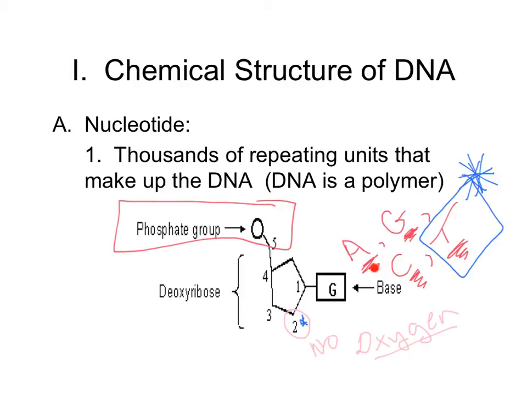These are 4 possible nitrogenous bases that could be here. So in proteins, we had 20 possible amino acids, and we had that backbone of NCC, and then you stuck any one of those 20 amino acids on the side. In DNA, there's only 4 possible variables that fit in the first position of the sugar. This is the sugar.